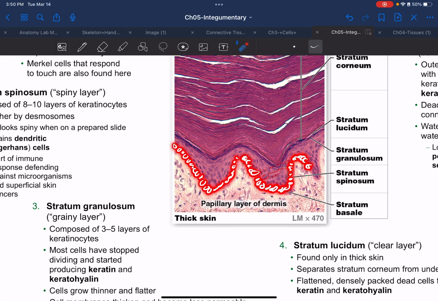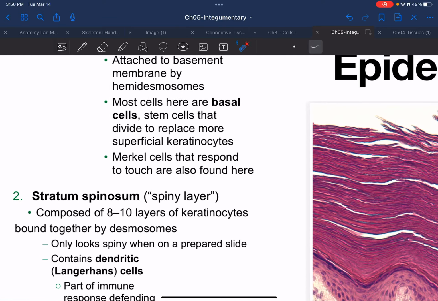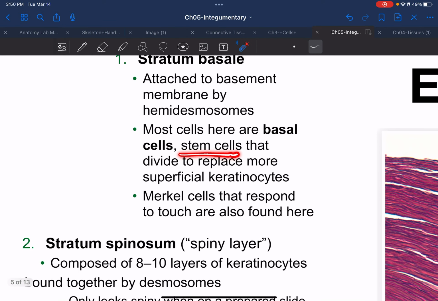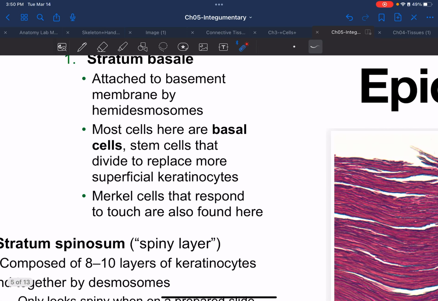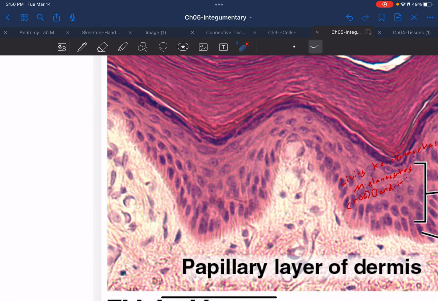Now, what makes this particular layer unique is that you have mitotically active stem cells. Remember that stem cells make more cells. So if you're a keratinocyte stem cell, you are responsible for undergoing mitosis, interphase, prophase, metaphase, anaphase, telophase, cytokinesis over and over again, until the daughter cell that you created travels up and eventually fills itself up with keratin and dies as a little dead cell.